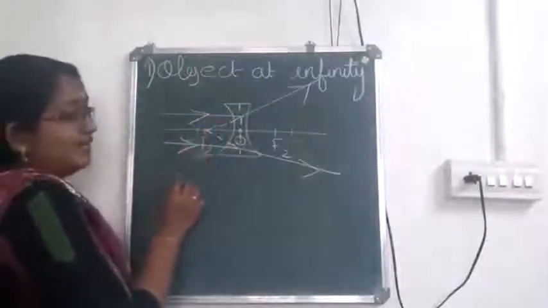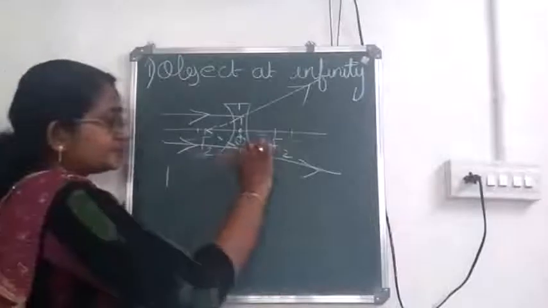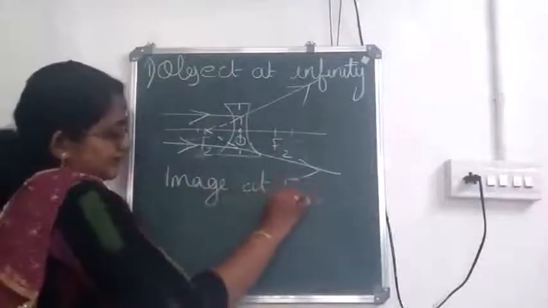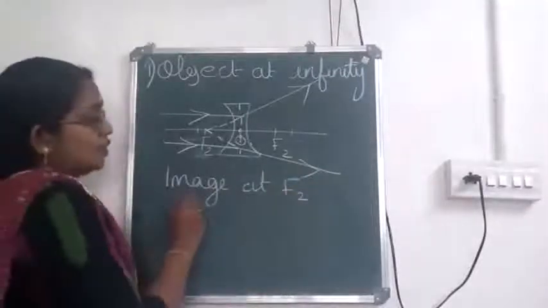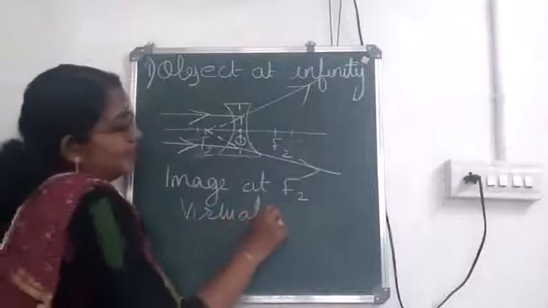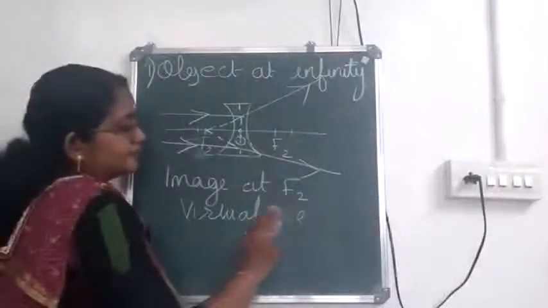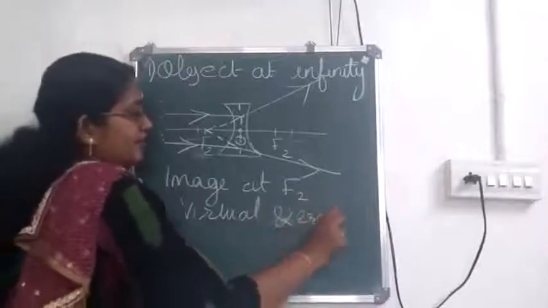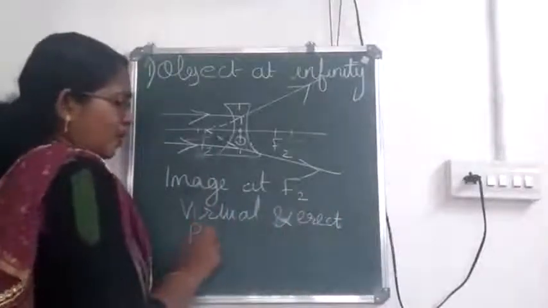So where are we getting the image? Image at F2. Then here we are extending the light ray, so it will be virtual and erect. Then it is point sized.